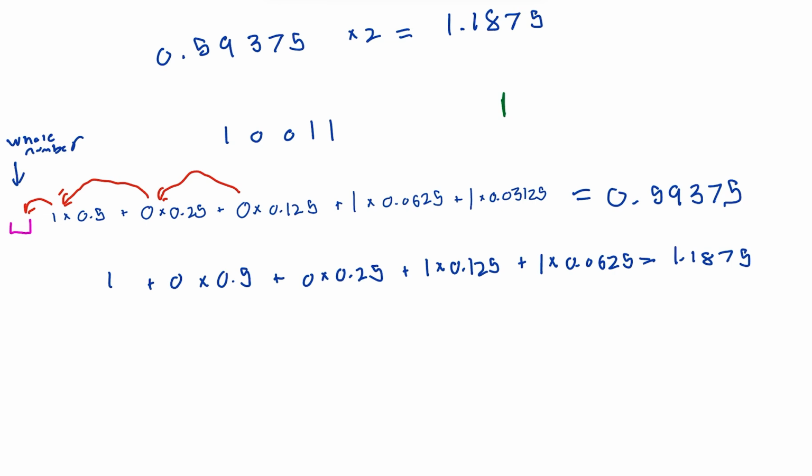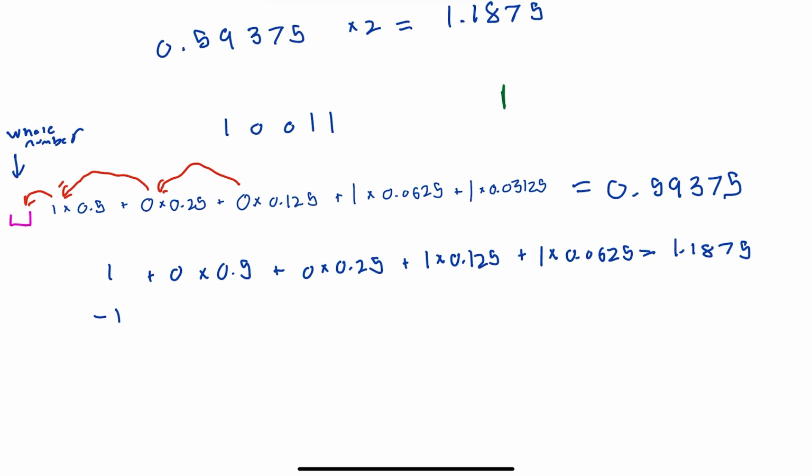And then, like before, we can reset the problem by subtracting 1 from both sides. Now we have 0 times 0.5 and so on, equals some decimal value less than 1 because we subtracted 1. All we have to do is rinse and repeat. In this case, if we multiplied this side by 2, it'd be something like 0.37.